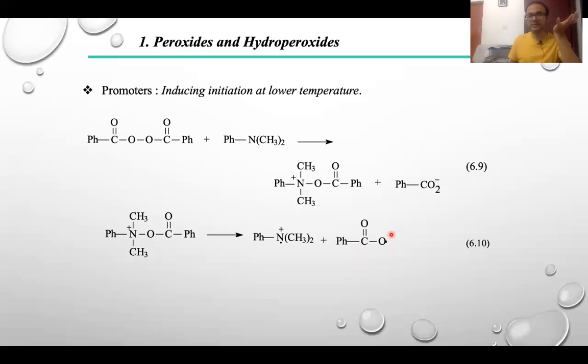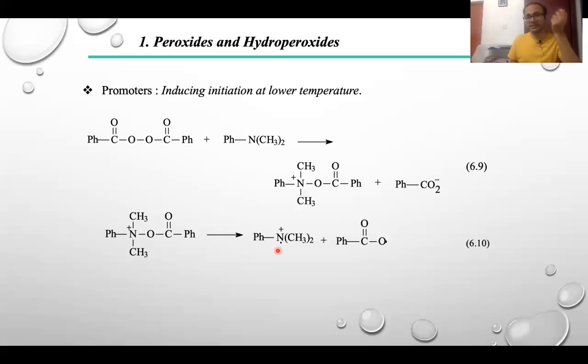Now, a drawback of this particular process is that usually homolysis will generate two molecules of these benzoyl oxy radicals, but when you use these promoters, you only generate one molecule of the radical. Though we have generation of a cationic species here, which can be involved in a cationic type of polymerization.